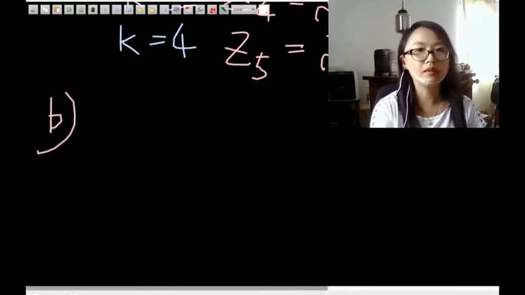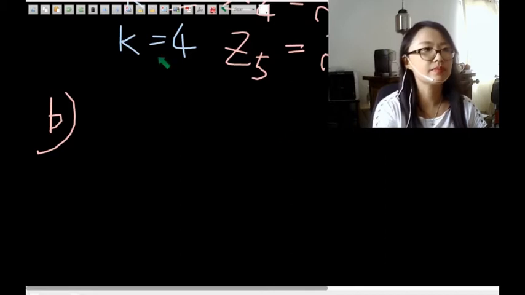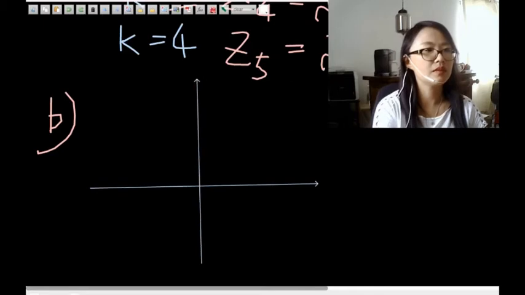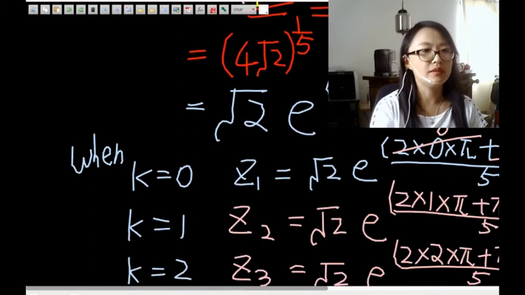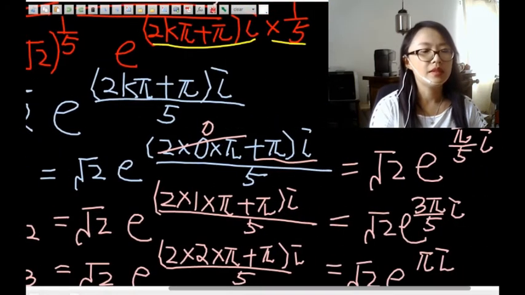Question B, we are first going to draw a complex plane. Okay, let's look at Z1. Z1 equals root 2 times e to the power of pi over 5 times i.